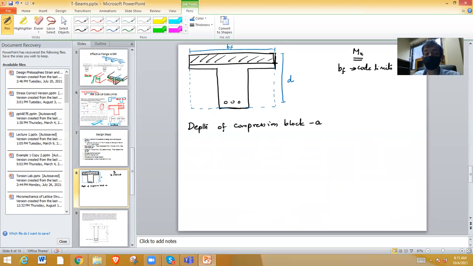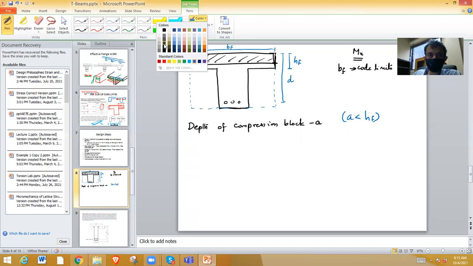If the depth of the compression block a is within the flange height hf, that means a is less than hf, we can treat it like a rectangular beam, and all the analysis is just like a rectangular beam. This case is simple.